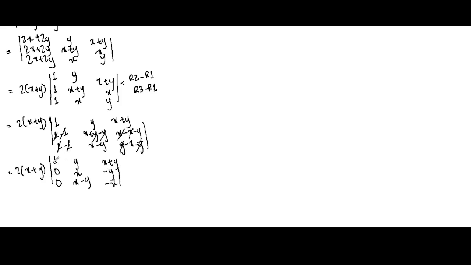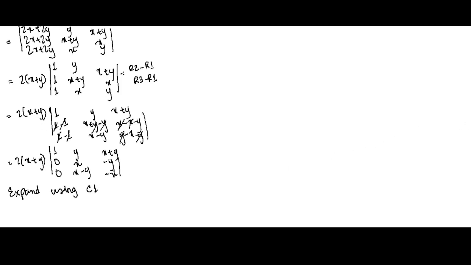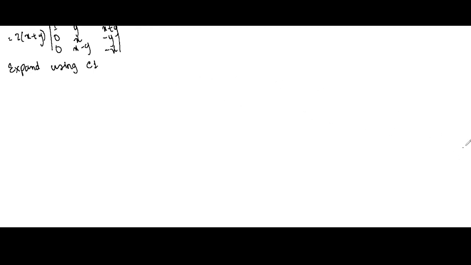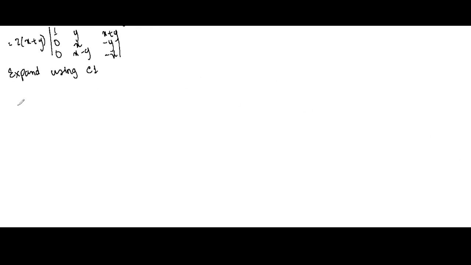Now we are going to expand it using column 1. Scroll, and we have, okay, it is equals to 2 into x plus y to be written as it is, and then we are going to have 1, and its minor matrix is going to be, remove this row and this column, and we are left with x minus y and x minus x.